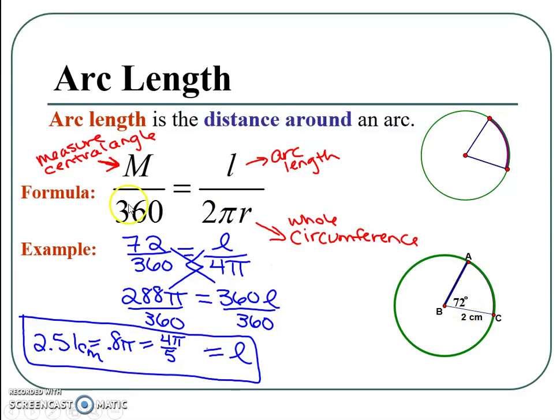You have to write out of 360, and 2 pi r is what you have to find. They're going to give you radius or diameter, and then just use 2 pi r to do that. So that's what you need to do. Cross multiply and solve for L. And that is the length of this arc, okay? And at the end, keep the pi and just use the number and press pi. So you can round accurately, okay?